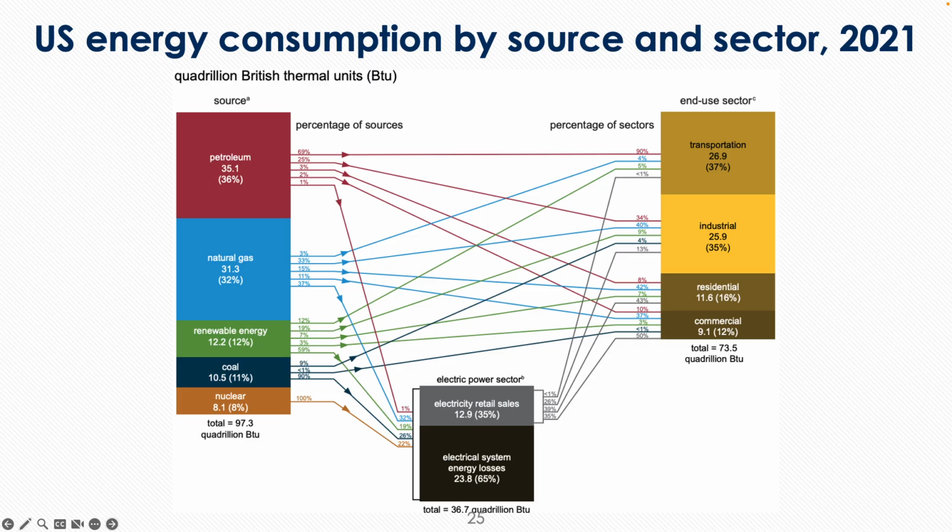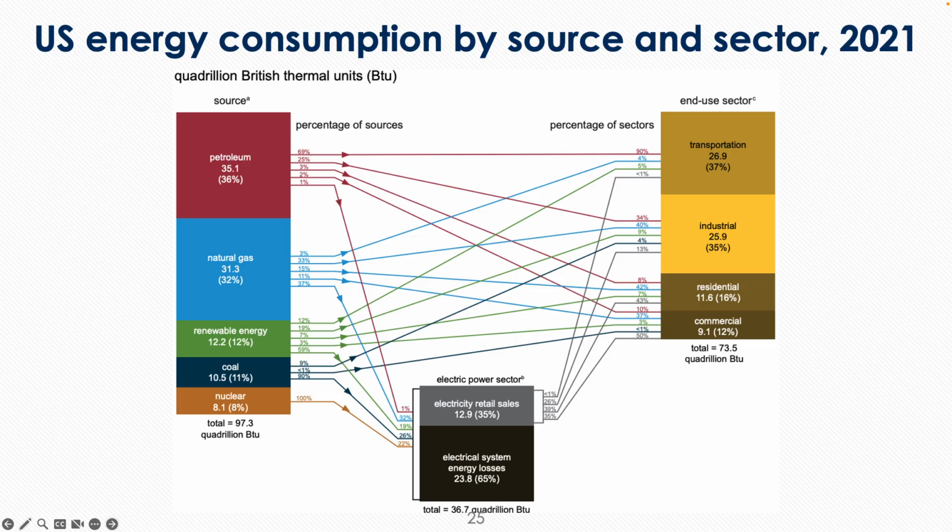Okay, and then there is this intermediary where we can see which of these input fuels are going to initially create electricity that goes into our end uses. So you can see how much of each is used to make electricity.